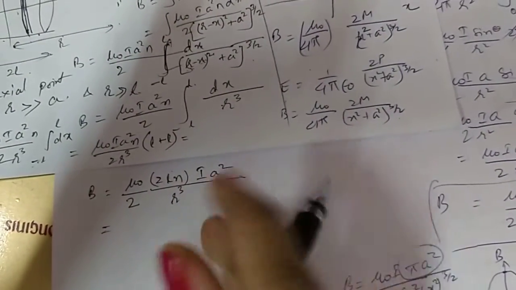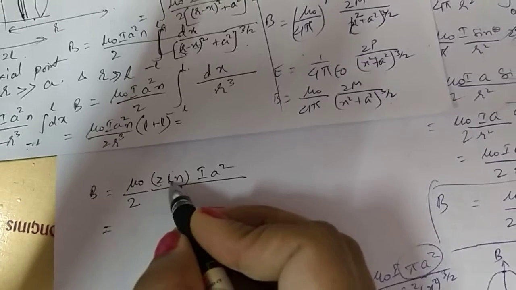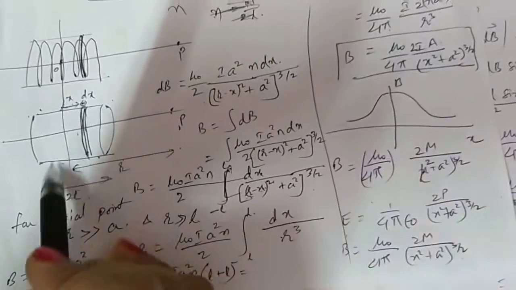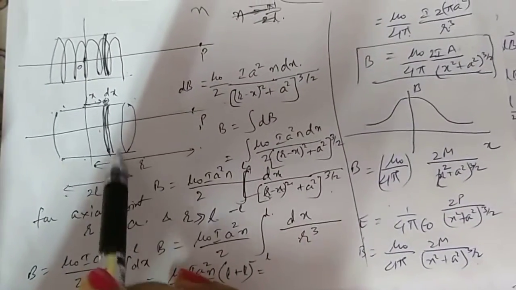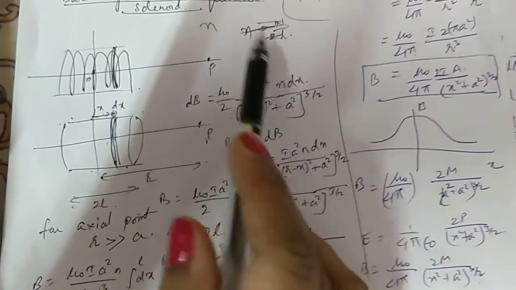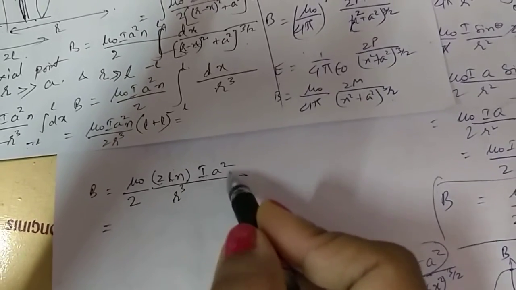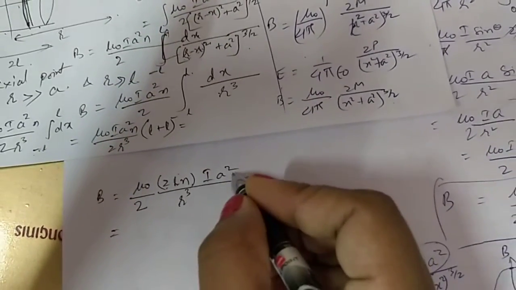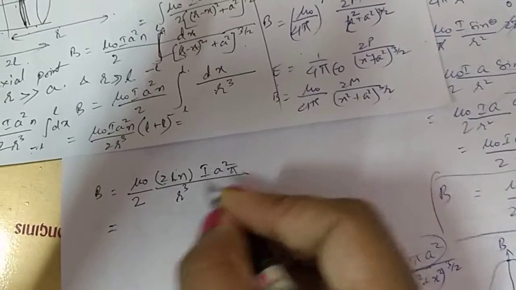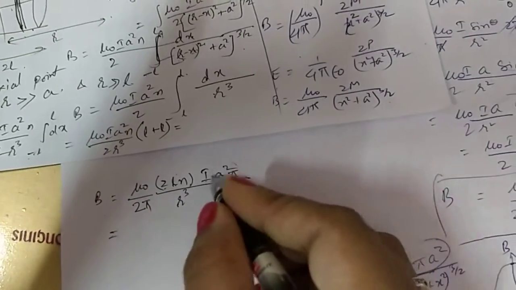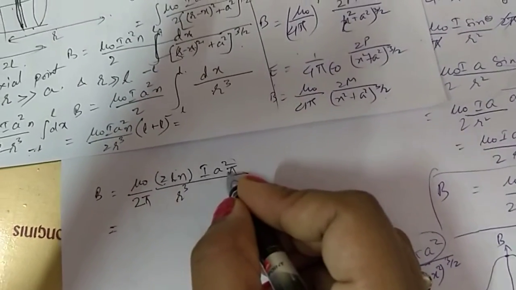Now you see here, 2l into n: 2l is the total length into small n, so 2l into small n will be the total number of turns. Into I a square, where a square is the radius square. If I multiply and divide by pi, this a square will become capital A, the area of the loop.